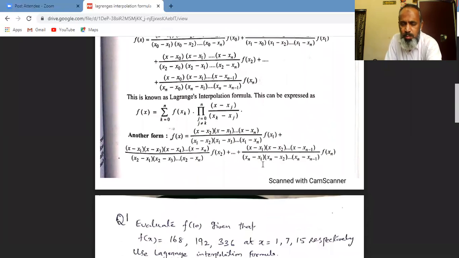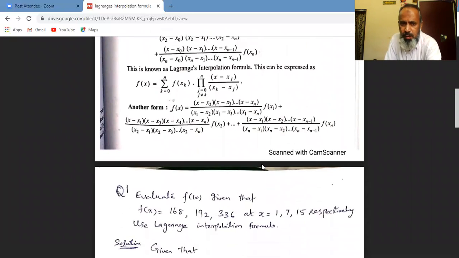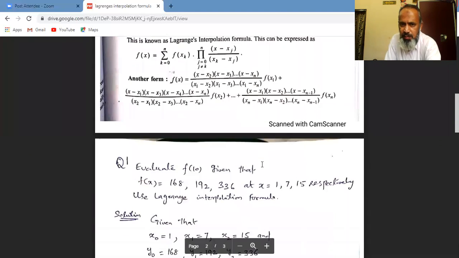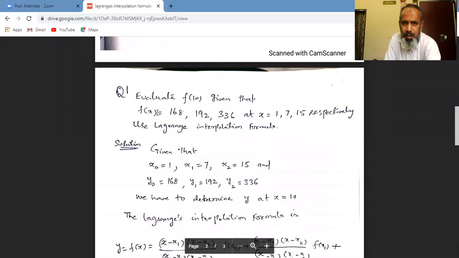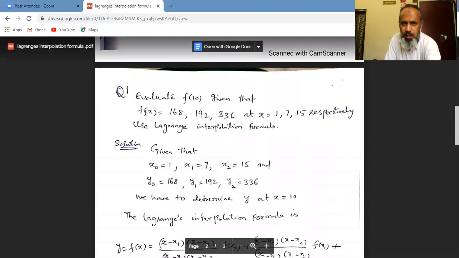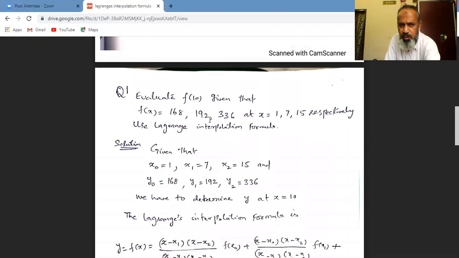Now, how to find the value of the given function at a given value of x by using Lagrange's interpolating polynomial? Let us see this problem. Evaluate f of 10 given that f of x is equal to 168, 192, 336. So these are the values of the function at x is equal to 1, 7, 15 respectively, by using Lagrange's interpolating polynomial.